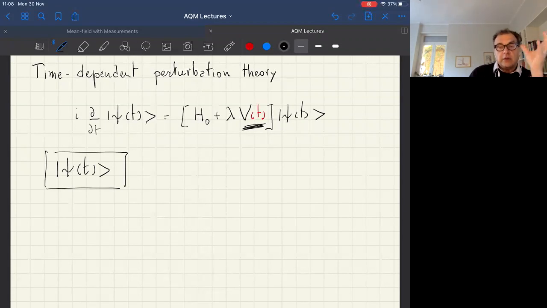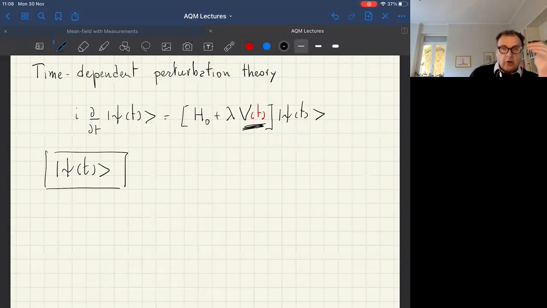But somehow we have to find an approximate approach as in the previous case. So what we do is follow a similar strategy. The strategy that we followed in the time-independent case was the following. We know what happens with H0, and we try to generalize and construct step by step by including higher and higher orders in lambda.